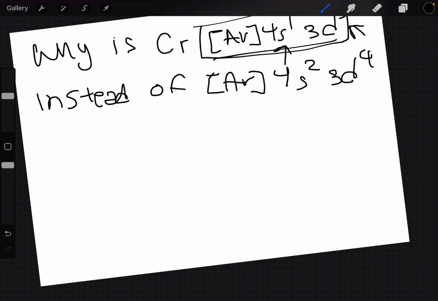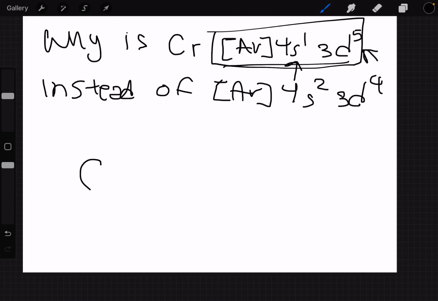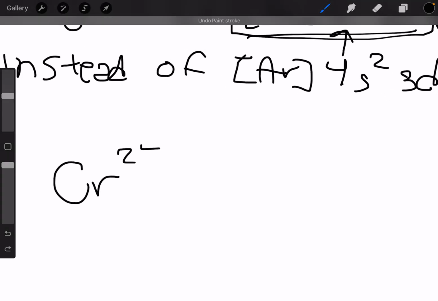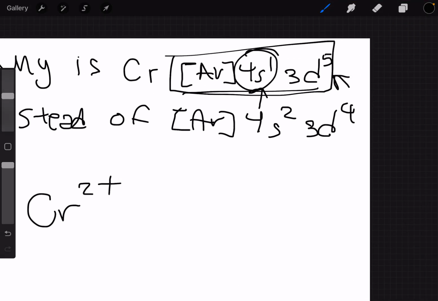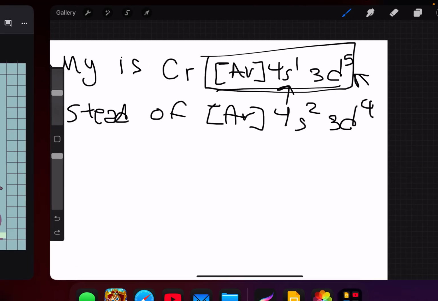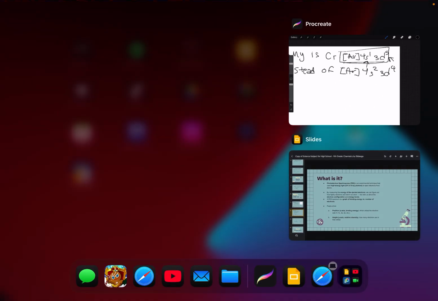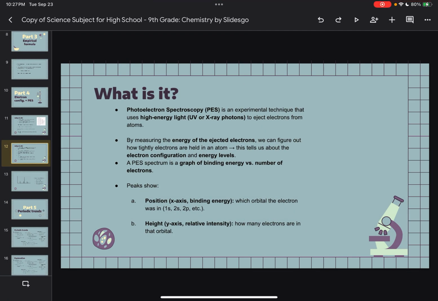And let's say it's asking for Cr2+. You should know that you need to take electrons from the most outer orbital, which is 4, not 3. It's just something you need to know. You take it from the most outer orbital when there's a charge to it, positive or negative.